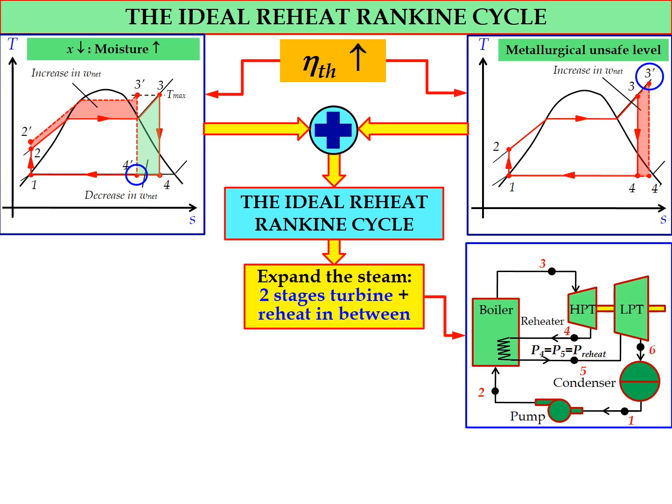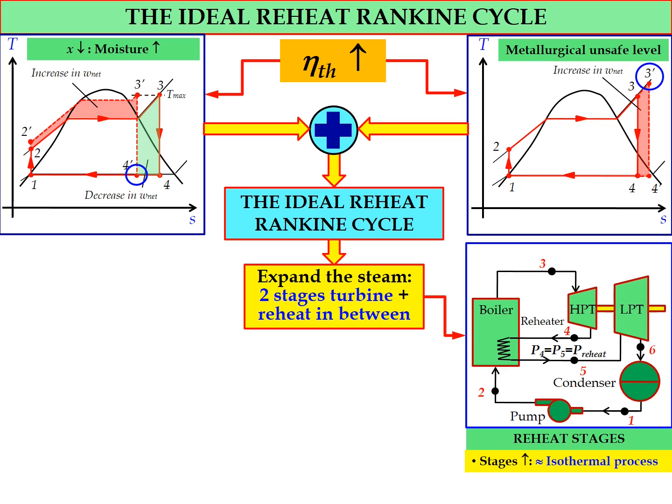After the temperature increase in the reheating process, the superheated vapor from the boiler will enter the low pressure turbine for further expansion. Okay, so this is the basic schematic diagram for the reheat Rankine cycle with 2 stages of turbine, and in between we will have a reheating process.